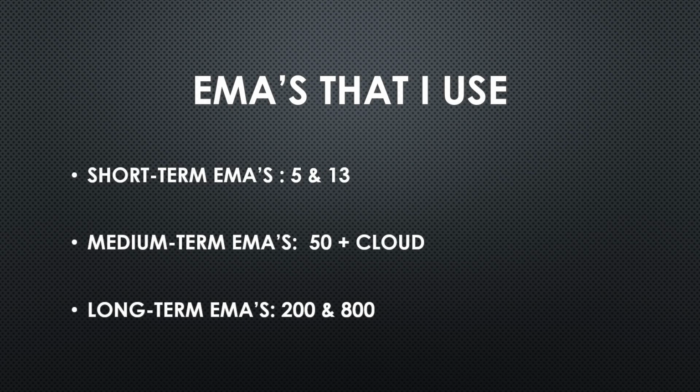This can either be EMAs at a certain percent above or below the 50 EMA, or it can be based on the average true range, or ATR. For long-term EMAs, we use our 200 and our 800 EMA. So most of you know I use the TR main indicator, which already has these EMA levels preset, so you don't have to worry about that.